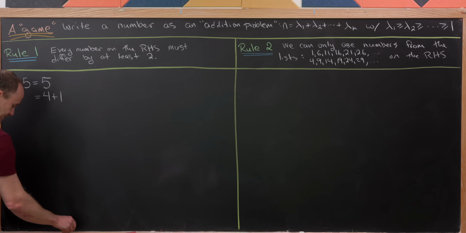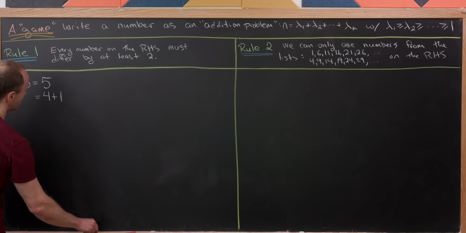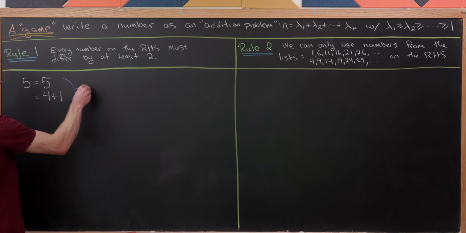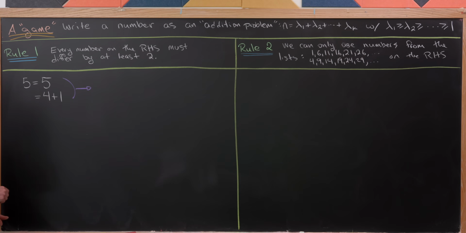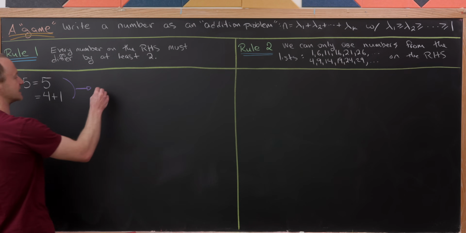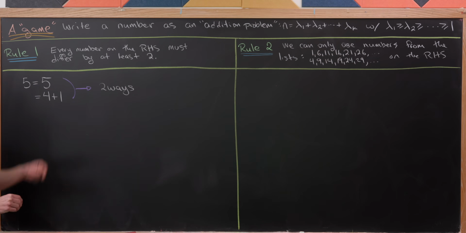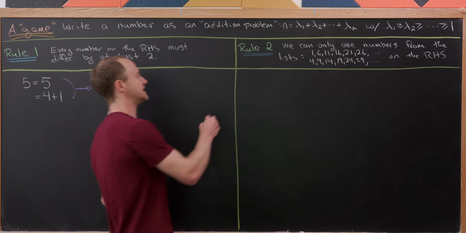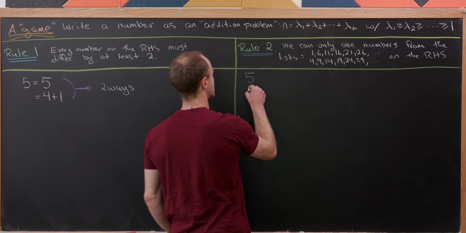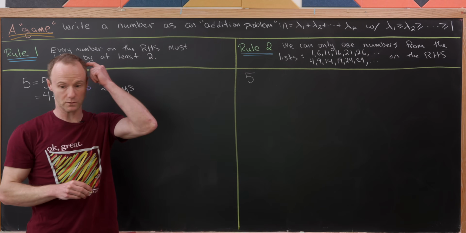And now let's note here something that may not seem important right now, but it will be important, and that is the number of ways we can do this expansion into an addition problem. And in this case, there are 2 ways of doing that. Now let's move over here and decompose 5 into parts using our second rule.